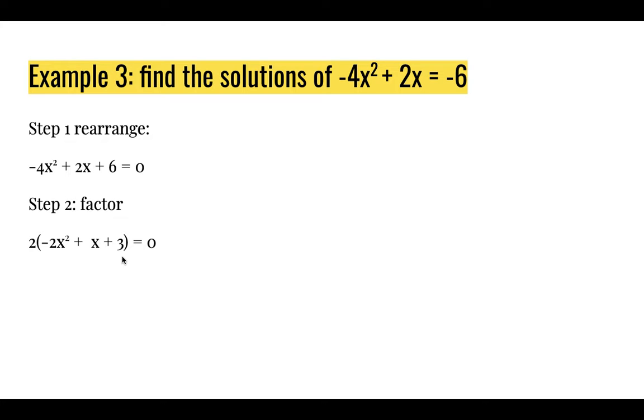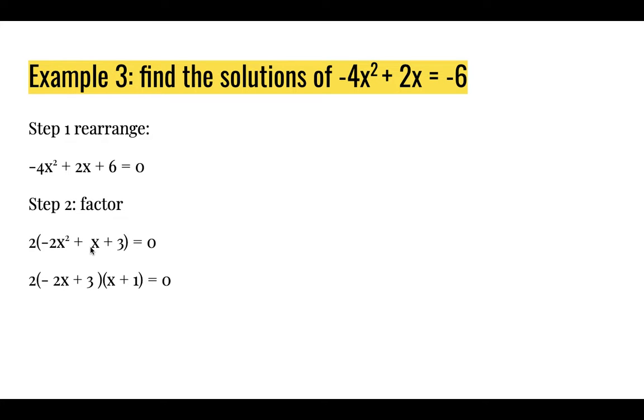So if we factor this, remember, when you have a number in front of the x squared, you now have to find two numbers that multiply to give a times c. So negative 2 times 3 is negative 6. So two numbers that multiply to give negative 6 and add to give positive 1.